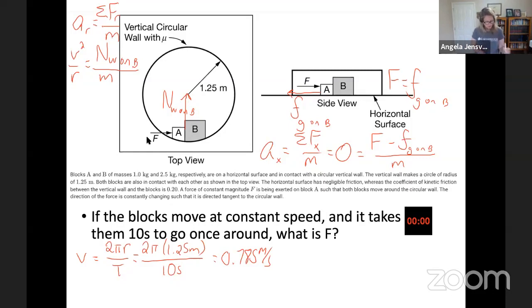Okay, so what do we know about the friction of the ground on the block? It's mu times normal, right? What normal? The normal of the wall on the block? What normal should we use here? You know what I think we need? I think we need a force diagram. We better draw it from this side view, okay?